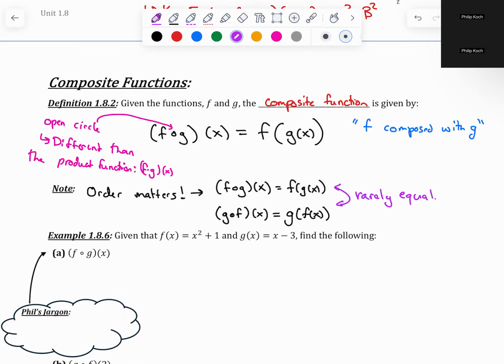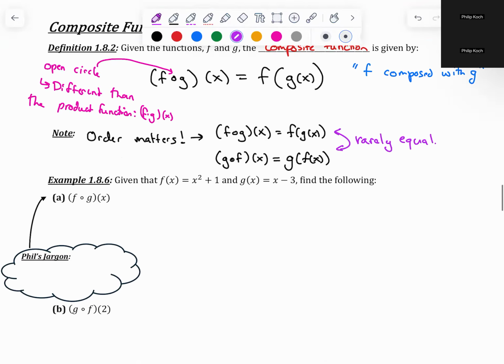In fact, most operations in mathematics are not commutative. The only really common ones that are commutative are multiplication and addition. But this is just another example of why commutativity is such a big deal. It's a rare property, and it's important when you have it. It's super useful because it means you can compute things any way you want, whereas this shows us that you can't always do that, especially with composition.